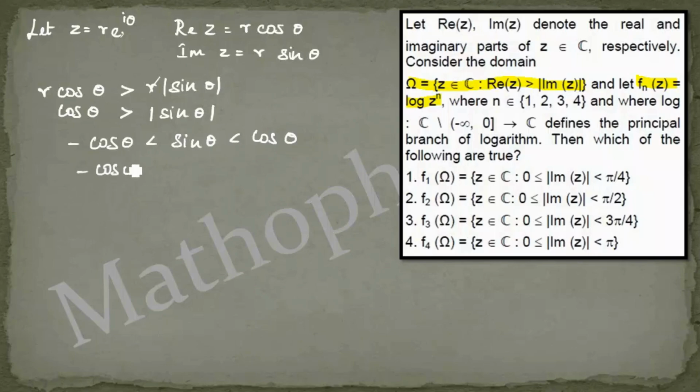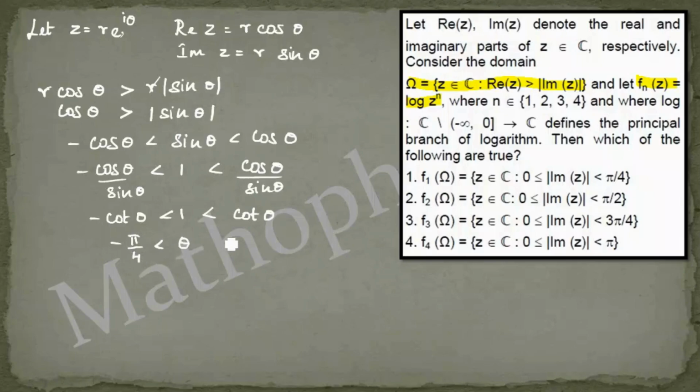So minus cos theta by sin theta is less than 1, which is less than cos theta by sin theta. So minus cot theta is less than 1 is less than cot theta. This implies minus pi by 4 is less than theta is less than pi by 4, so mod theta is less than pi by 4. Let's consider this.